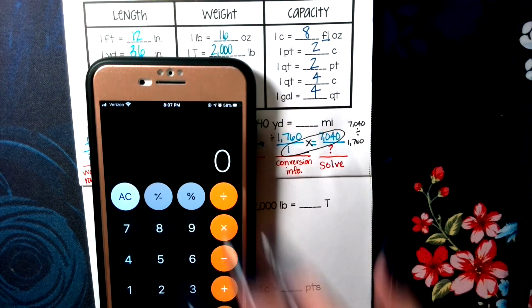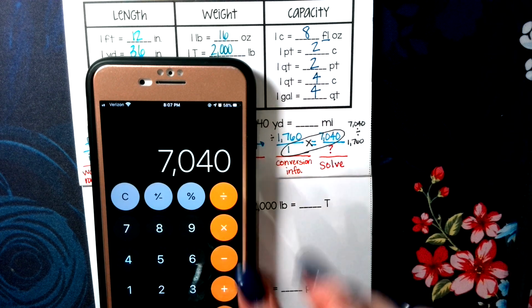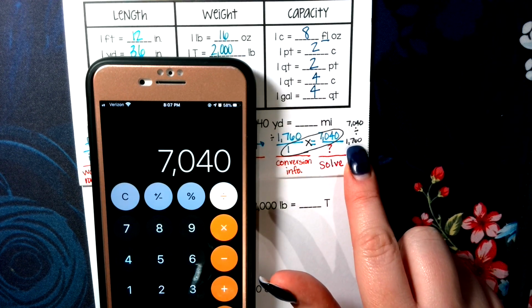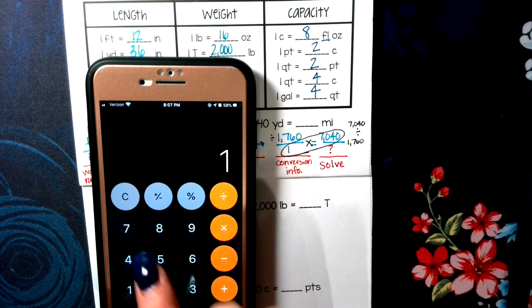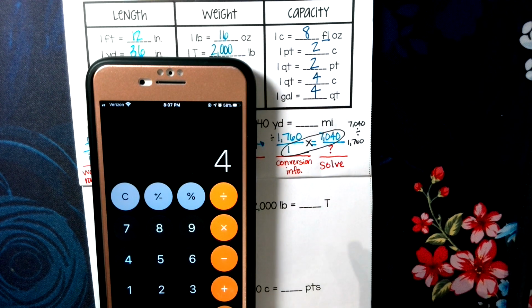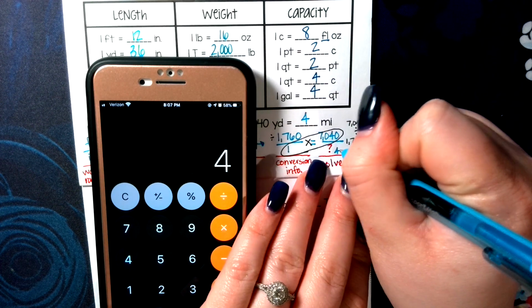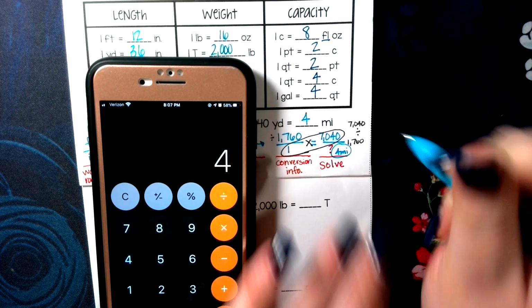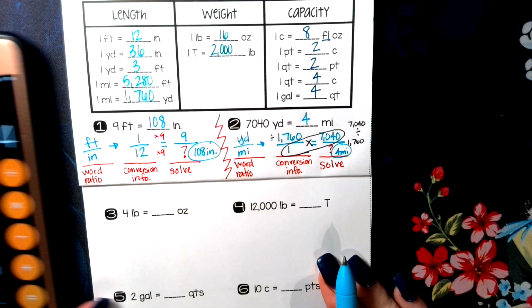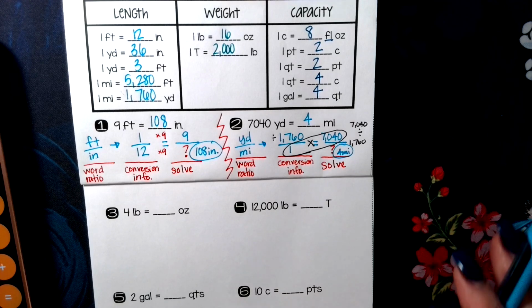I'm going to do my 7,040 divided by 1,760. And I see that that's going to give me 4 miles. So 7,040 yards is equal to 4 miles.